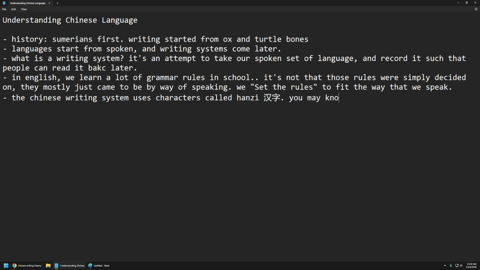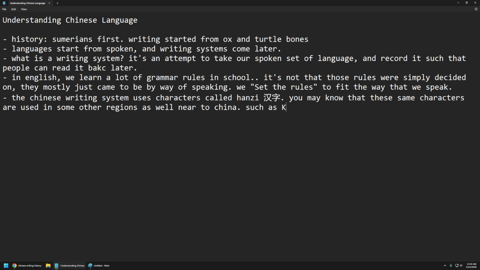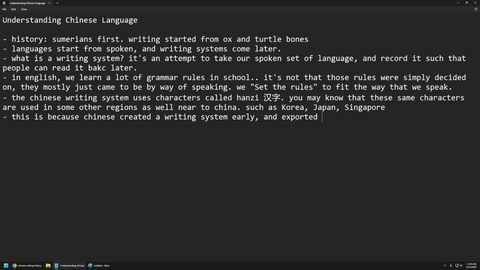So you may know that these same characters are used in some other regions as well near to China, such as Korea, Japan, Singapore, whatever. This is because the Chinese created a writing system early and exported this to other cultures.